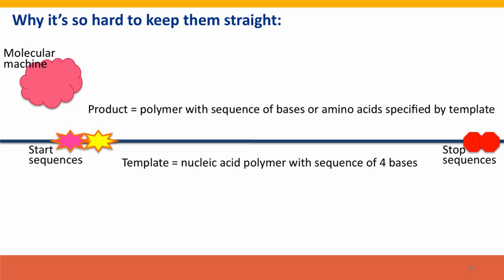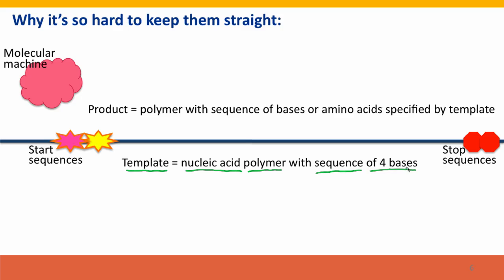And I've got here a schematic diagram that would apply to any of these processes, to DNA replication, to transcription, or to translation. So there is a template, which is, in all cases, a polymer of nucleic acids. That's the bases. It's a polymer. And then it has a sequence of some combination of the 4 bases.